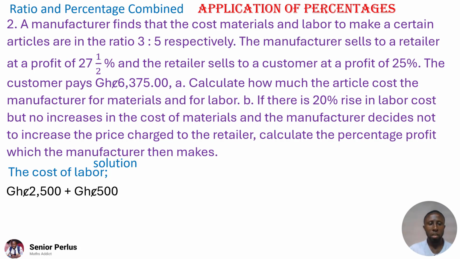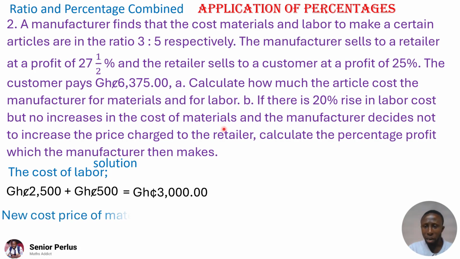Good. So since now I know the cost of the labor, then we can solve for it. But now I know the rise of the cost of the labor, but no increase in the cost of material. So there's no increase in the cost of material. New cost price of the material and labor.